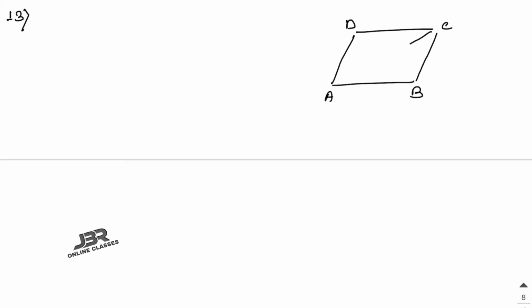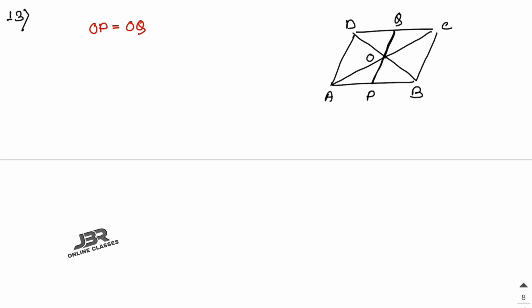So first you have to draw the diagonal AC and also the diagonal BD. That point is the point O, the intersecting point, and PQ passes through this point. That one is P and that one is Q. Now you have to show that PQ is bisected at O. If PQ is bisected at O, that means you have to prove that OP is equal to OQ.